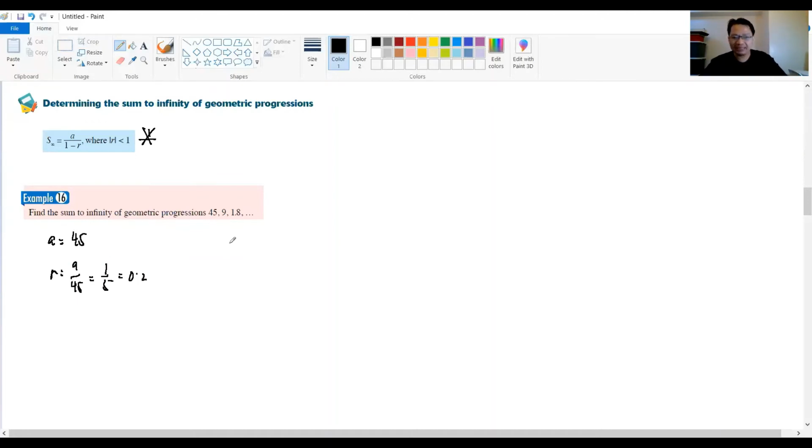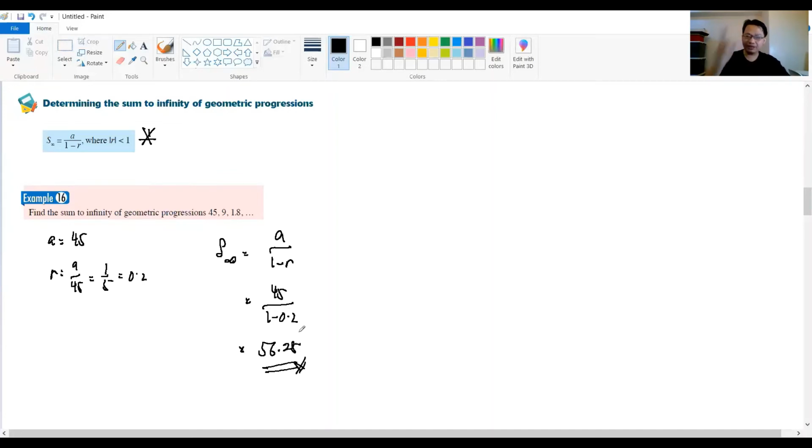So to find S infinity, S infinity equals A over 1 minus R. Substitute A: 45 over 1 minus 0.2. Computing, we get 56.25.